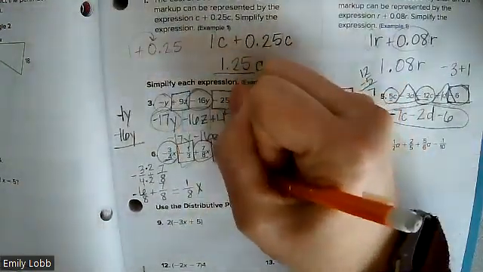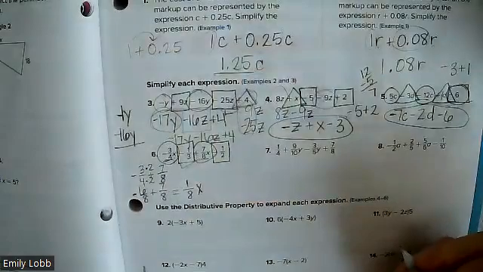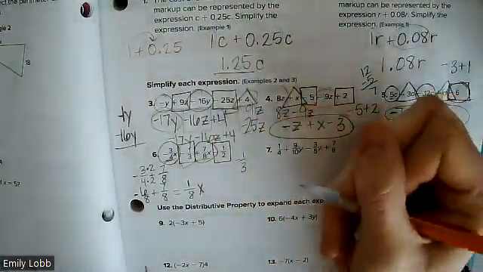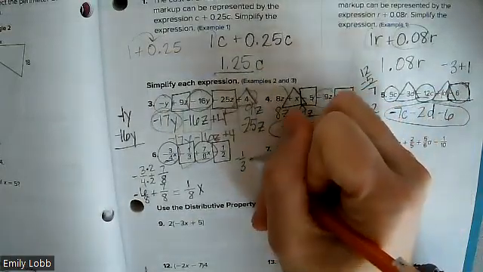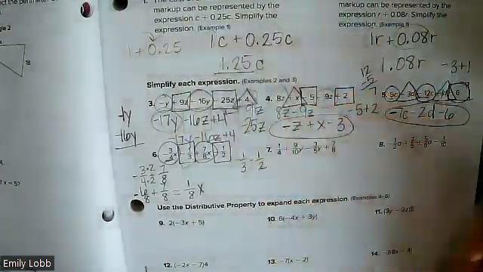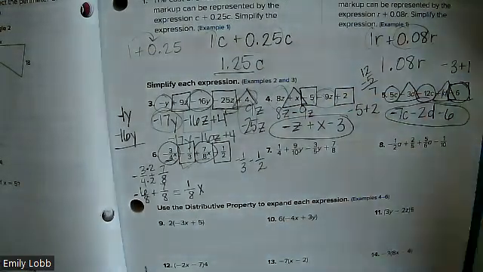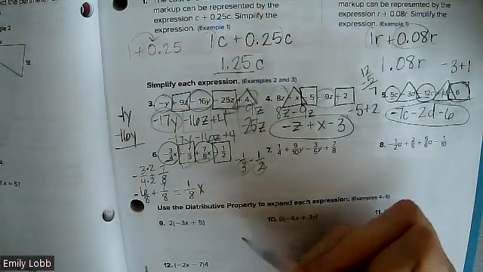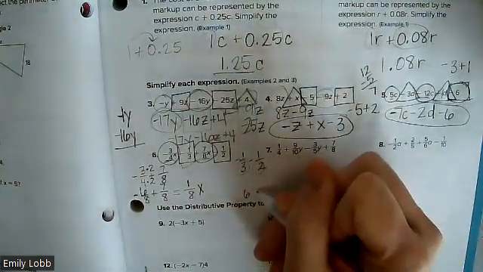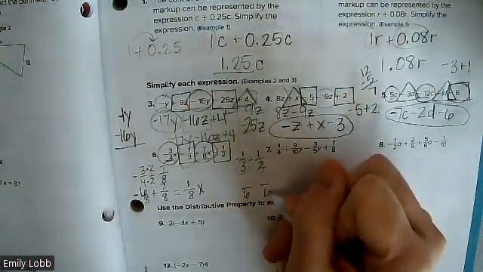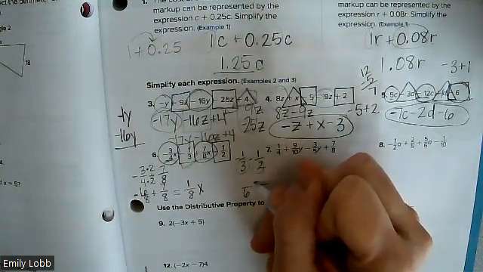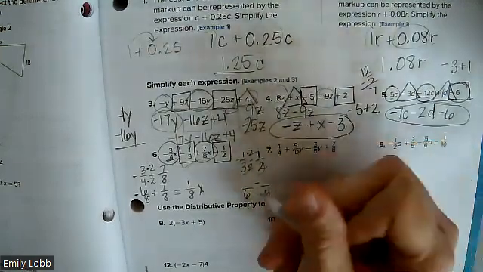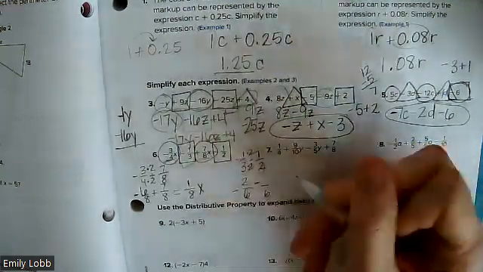And now I have to combine my constants. I've got a -3 and a -1/2. So -1/3, I said -3, didn't I? -1/3 minus 1/2. What's the least common multiple of 3 and 2? 3 times 2, right? So 3 times 2, so 1 times 2 is what? 2.